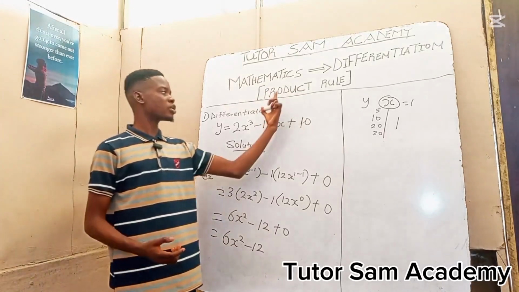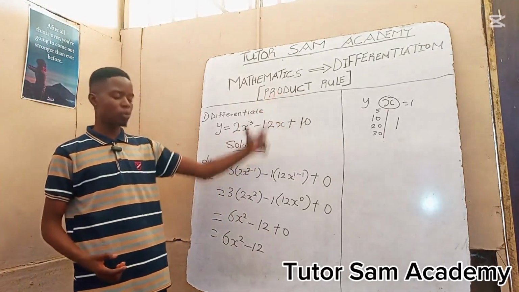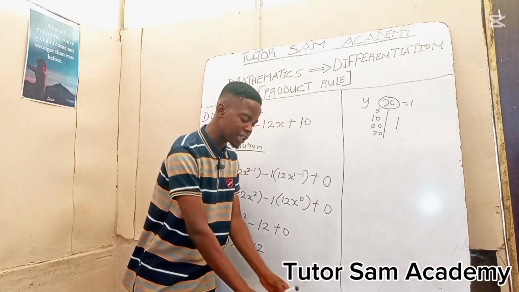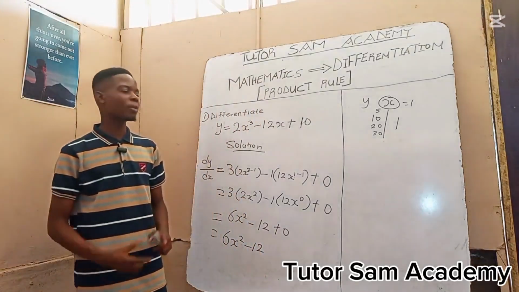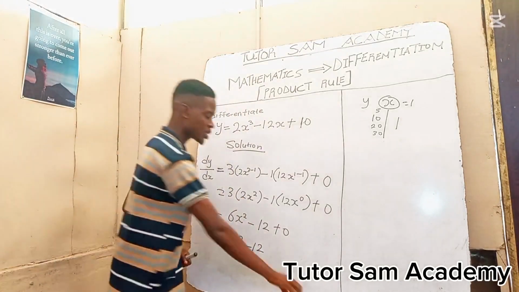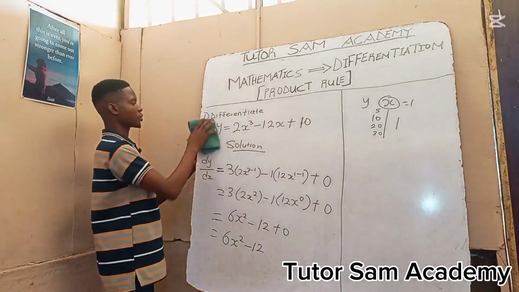Now I'm going to proceed fully into the product rule. I'm going to give you several questions, and I will not solve all. As usual, I'm going to solve some and give you one to try also. So let's take questions on the product rule.